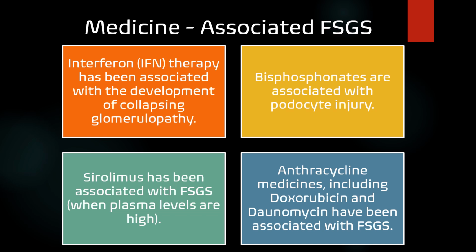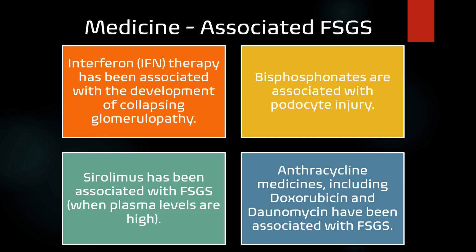Calcineurin inhibitors and corticosteroids or glucocorticoids are the main forms of treatment to offset the use of, for example, sirolimus.